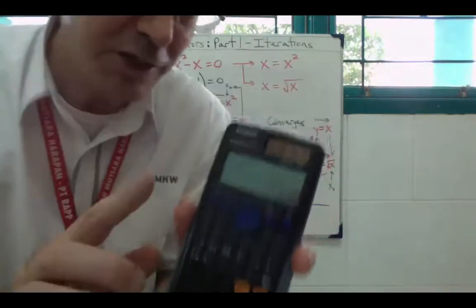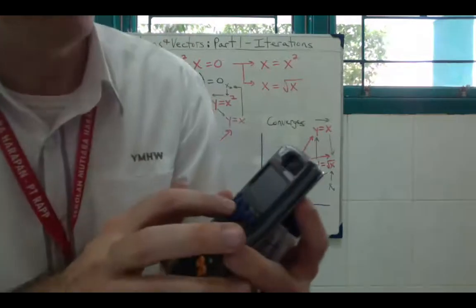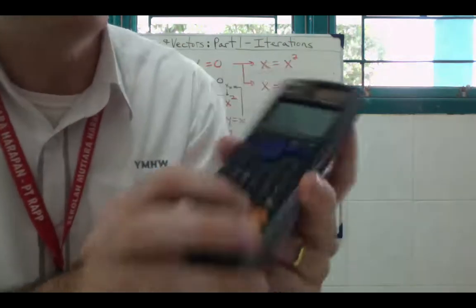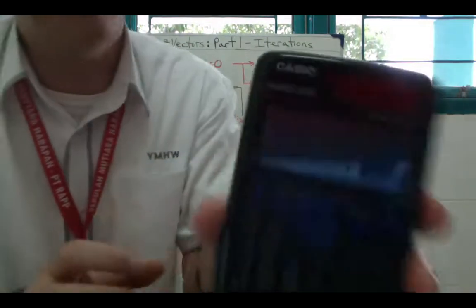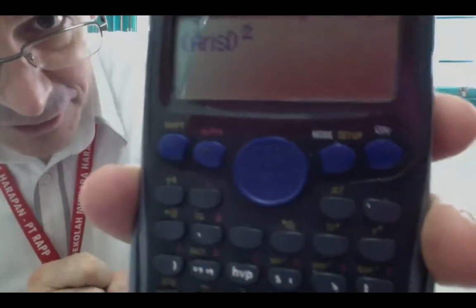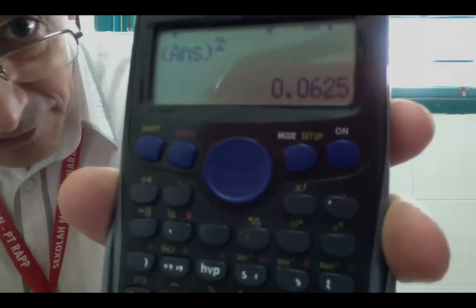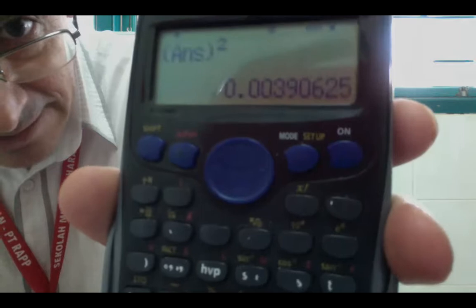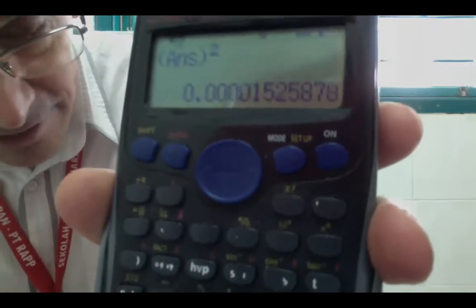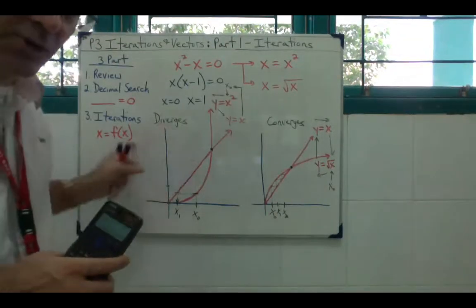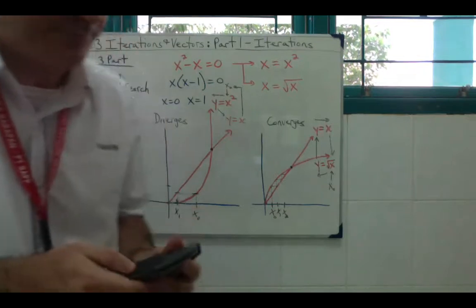And so what you would do is you would go back, and instead of plugging in 0.5, you can just delete it and plug in the answer. You notice there it says answer squared. And we hit the equals again for that, and now it's 0.0625, and you can keep hitting the equals, but it keeps getting smaller. It's not approaching any particular value. It's diverging. It's going away from the value that we want.